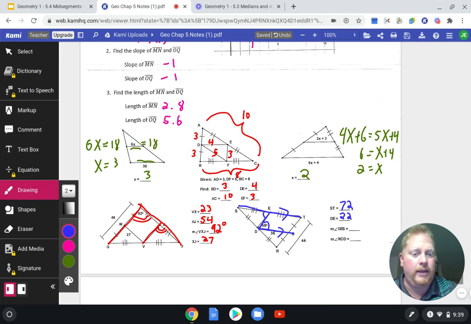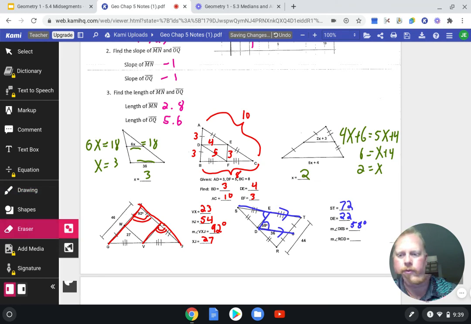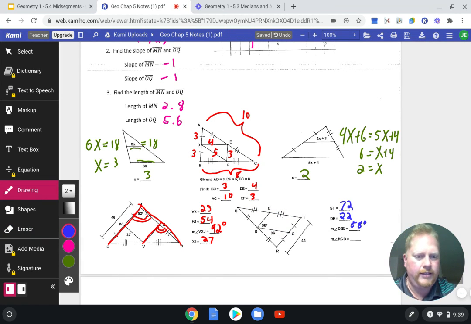So they're going to be the same, so 58 degrees. And lastly, angle RCD. So RCD is right there. And there's the angle of 58. Again, looks like we've got some alternate interior angles. So angle RCD is going to be 58 degrees as well.